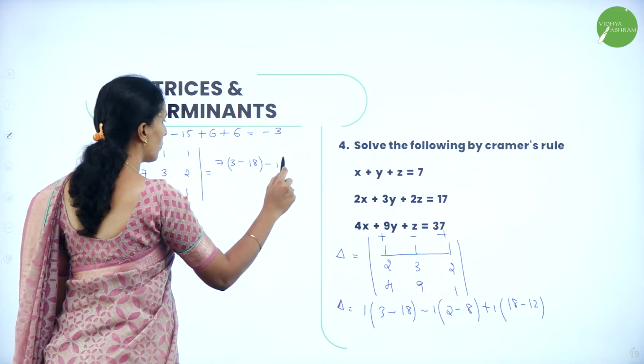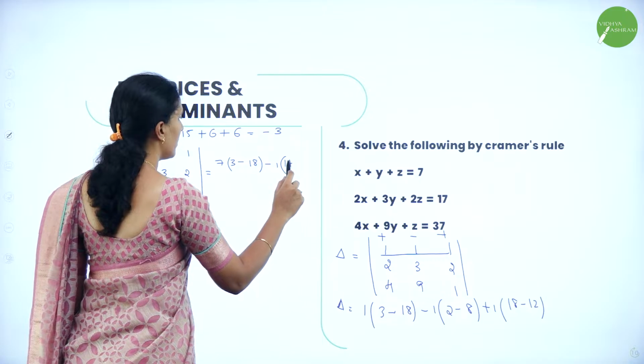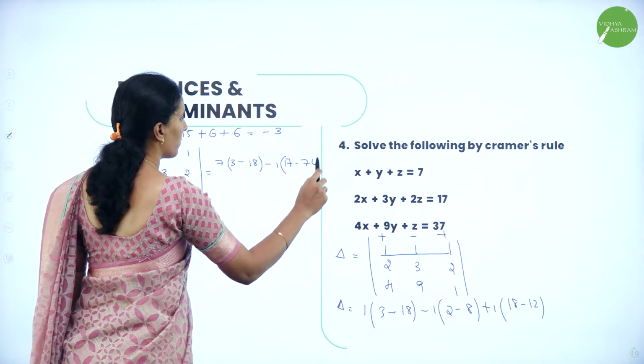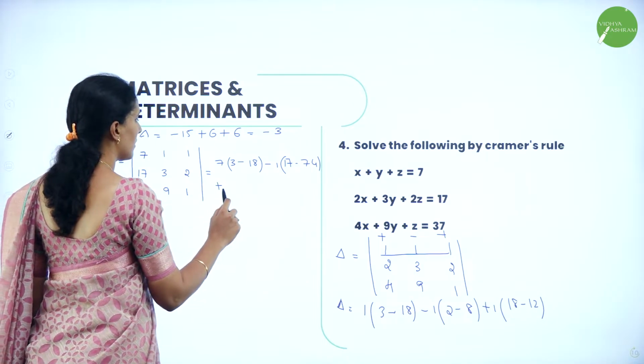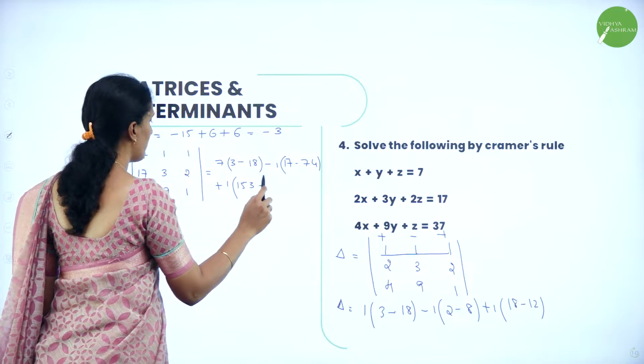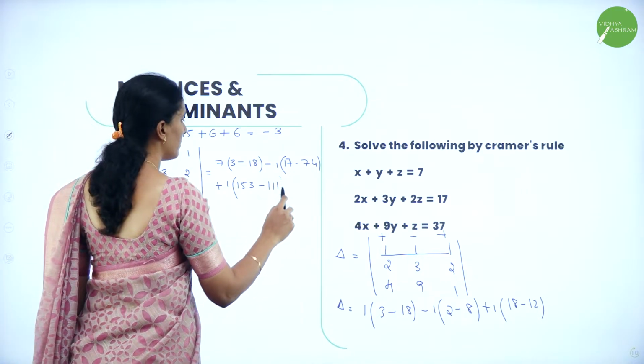Next we have minus 1 into, leave the row, 17 ones are 17 minus 37 twos are 74. Next we have plus 1 into 17 nines are 153 minus 37 threes are 111.